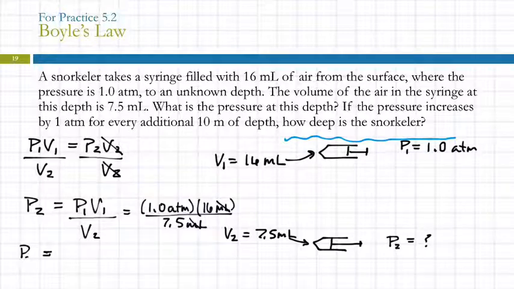So P2 is 2.133 atmospheres. Two significant figures because everything else has two sig figs. Any questions? So the answer to what's the pressure? 2.1 atmospheres. How deep is the snorkeler? This is the trickier part.